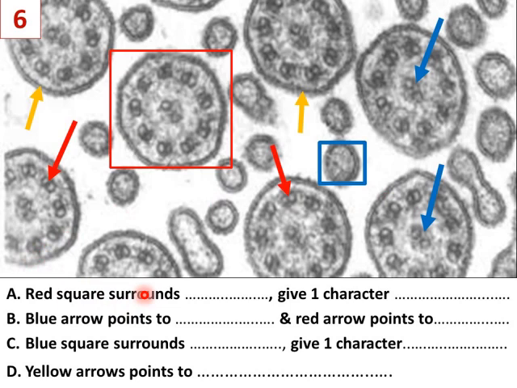The red square surrounds the shaft of the cilia, which has one character formed of 9 doublets surrounding 2 singlets, surrounded with the cell membrane. The blue arrow points to the singlet, the red arrow points to the doublets. The blue square points to microvilli, which is formed of actin filaments surrounded with cell membrane, and the yellow arrow points to the cell membrane.